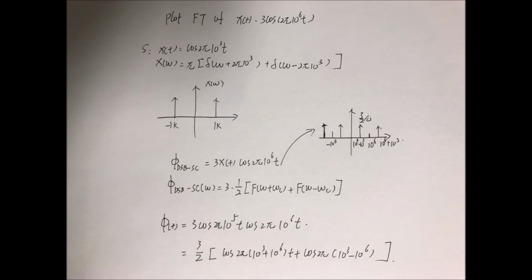So this is one solution based on the property of AM modulation. Since we have sinusoids, you can also have cosine times cosine, which gives half cosine alpha. Let me write solution number 2.